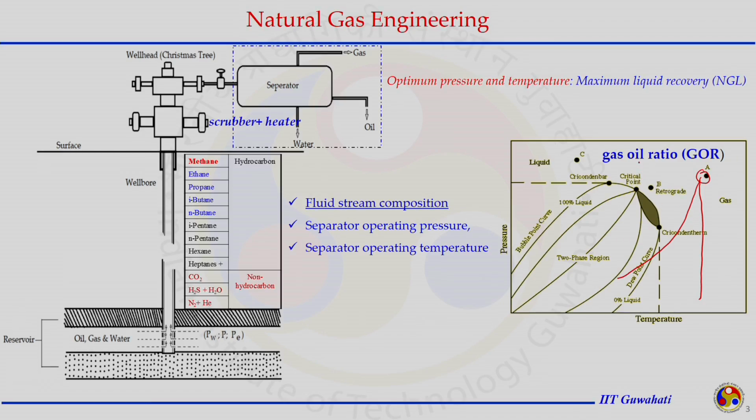We understand when our reservoir is a condensate reservoir, we are in the region of the critical point and cricondentherm temperature and pressure of the reservoir. Under this condition, what are we going to get? When the fluid reaches the separator at a particular temperature and pressure, the phase separation will depend on what pressure the separator is being operated at.